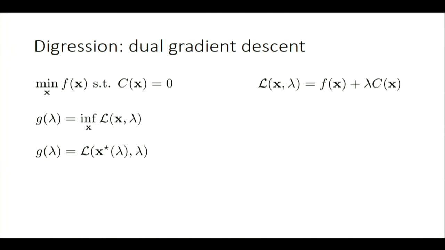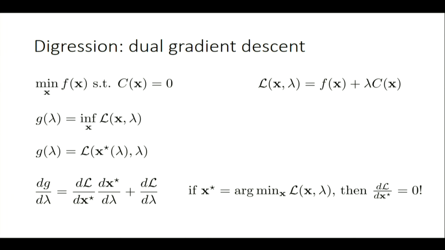So we can kind of say that the optimal x for a given value of lambda can be expressed as a function of lambda. So hence, I can write the dual function as L of x of lambda comma lambda. And then we can just write down the gradient of the dual function. We have two terms, one where we differentiate through the first argument, and the other for differentiating through the second argument. So for the first argument, it's dL/dx, dx/dlambda, and the second one is just dL/dlambda, right?